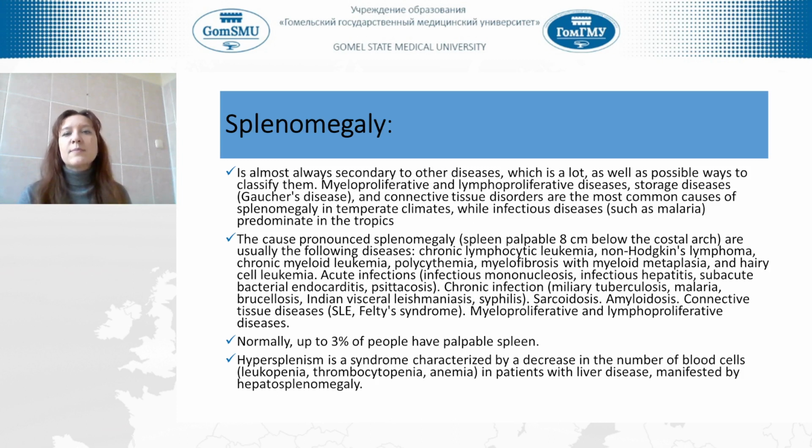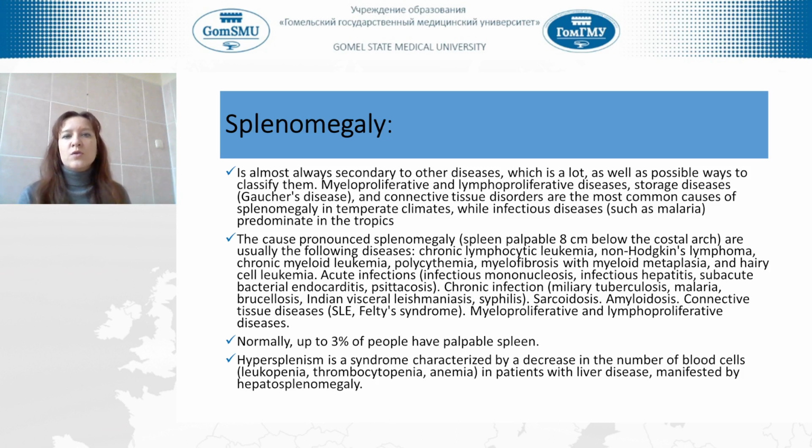Pronounced splenomegaly, with the spleen more than 8 cm below the costal arch, usually occurs in the following diseases: chronic lymphocytic leukemia, non-Hodgkin's lymphoma, chronic myeloid leukemia, polycythemia, myelofibrosis with myeloid metaplasia, and hairy cell leukemia.